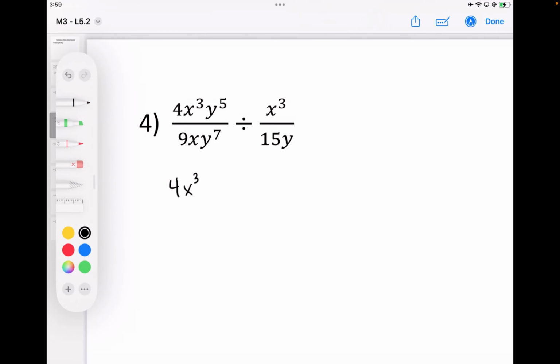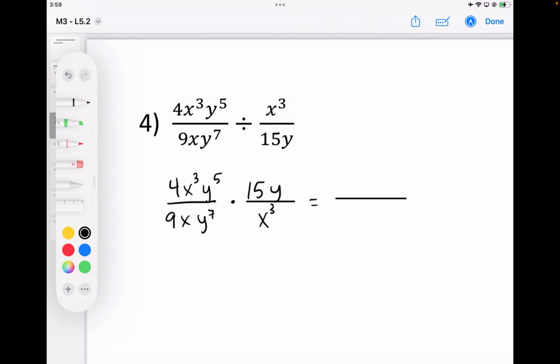So I'll keep the first one the same, and then change it to a multiplication and then flip the second one. So 15y over x to the third. Now you can certainly start simplifying things now, or you can choose to go ahead and multiply straight across.